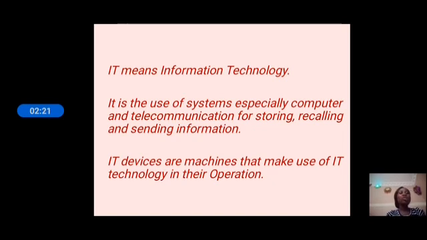You can also use IT devices to store information, like the computer is an example of an IT device. IT devices are machines that make use of IT technology in their operation. It means before an IT device works, it must have IT technology inputted into it.